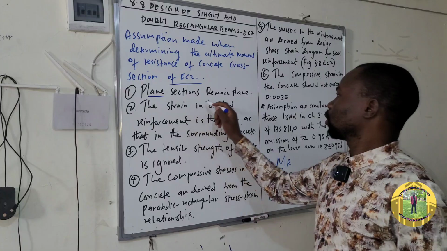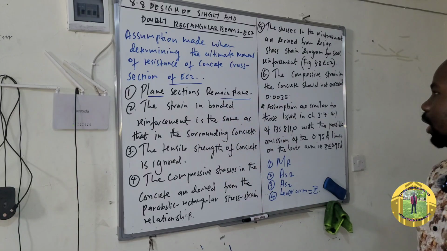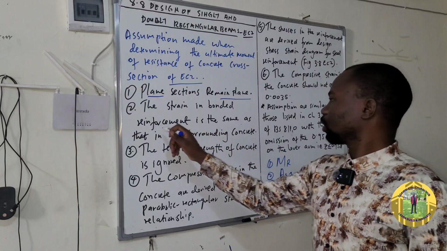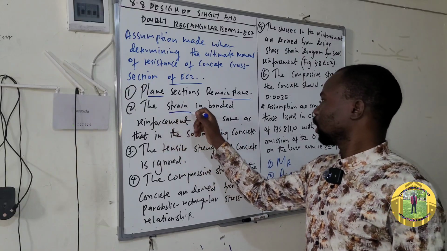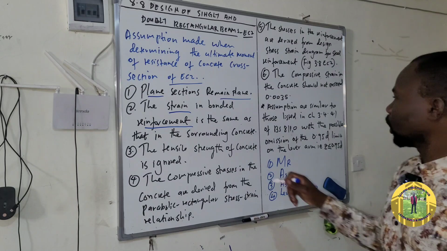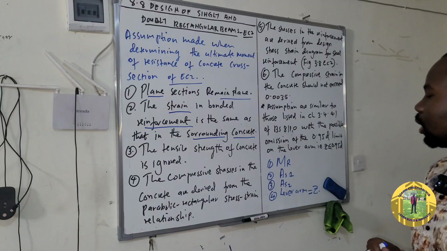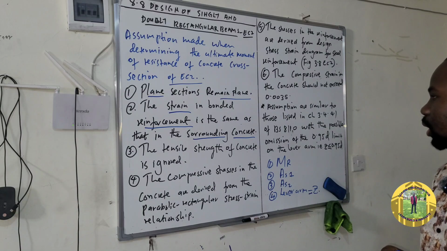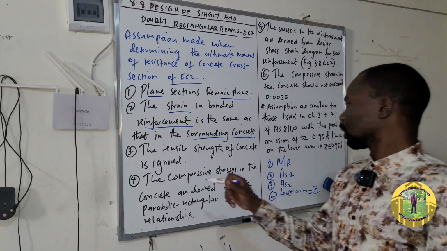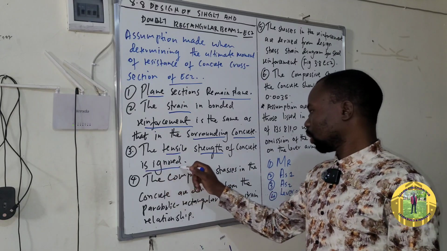Assumption #2, the strain in bonded reinforcement is the same as that in the surrounding concrete. #3, the tensile strength of concrete is ignored.